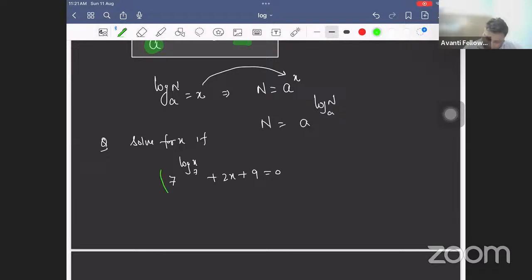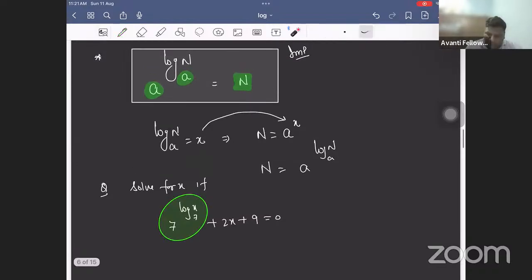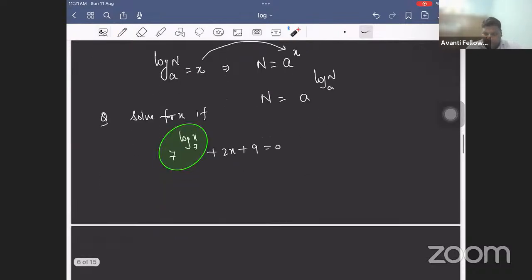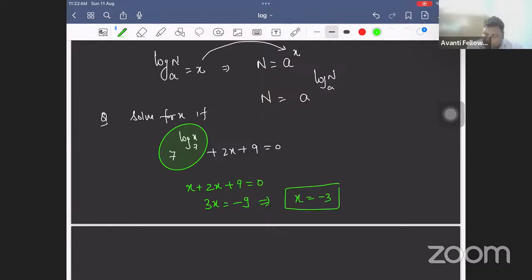Now see, what is this answer? x only. Using the above property, a to the power log n base a is equal to n. So 7 to the power log x base 7 is what? x only. So this is x plus 2x plus 9 equals 0. So 3x equals minus 9, which implies x equals minus 3.